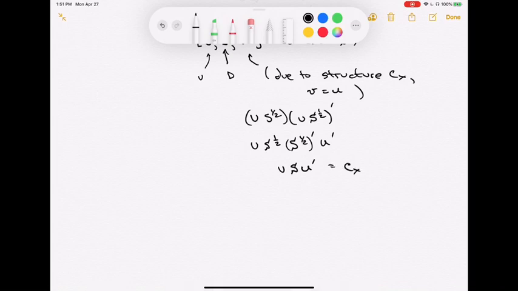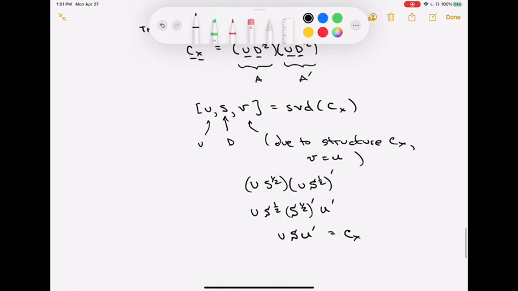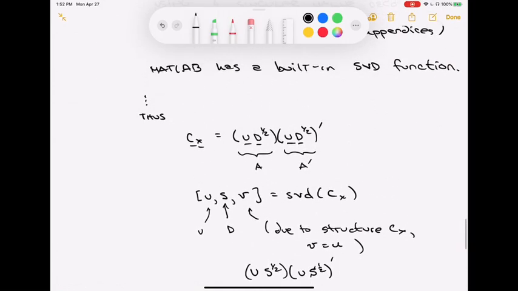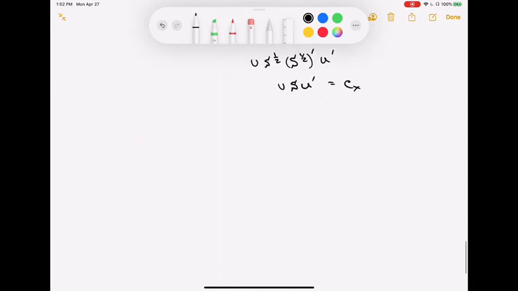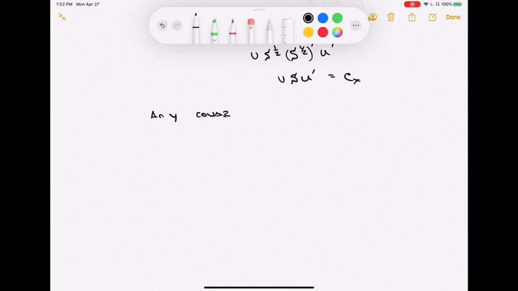This is all buried in some of the theory and background on SVDs that we're not fully going to cover, but I'm going to try to re-summarize here in just a minute. So, summary.